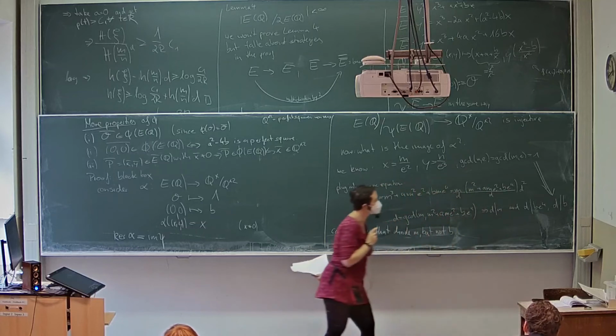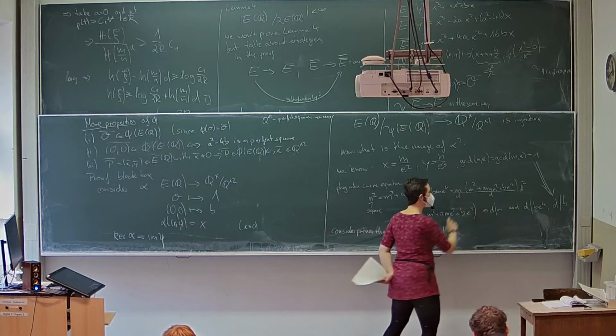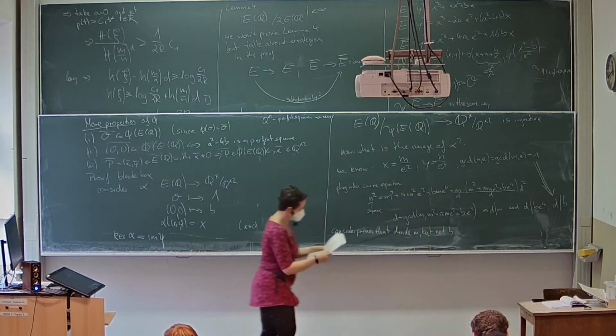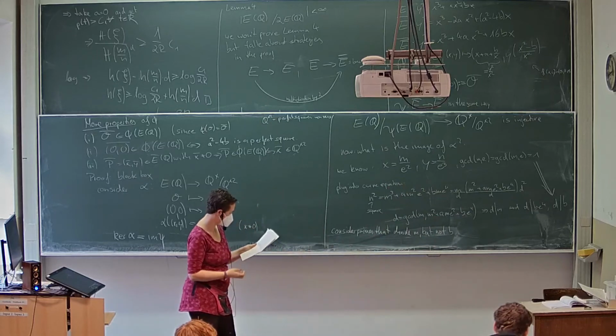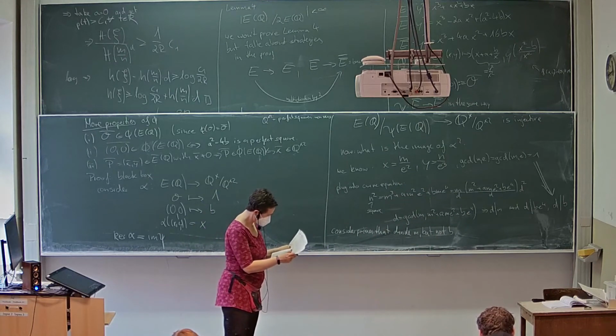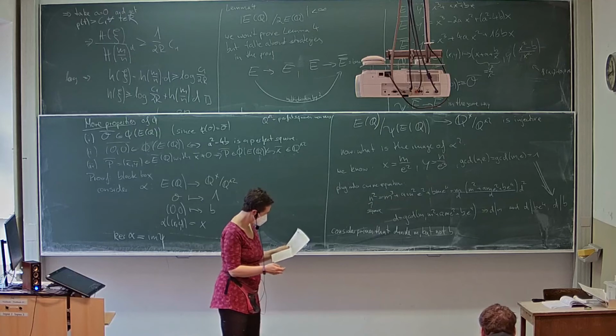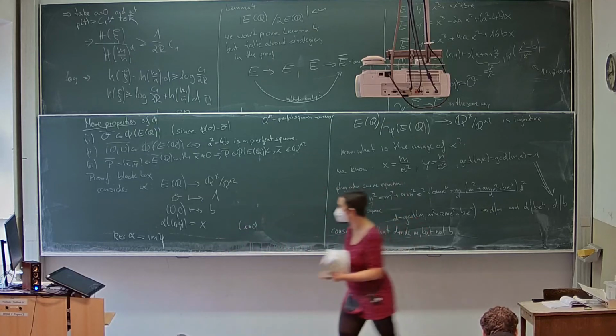But the question is, what happens if a prime divides M and not b? With what multiplicity will it appear? I think I need a new board.